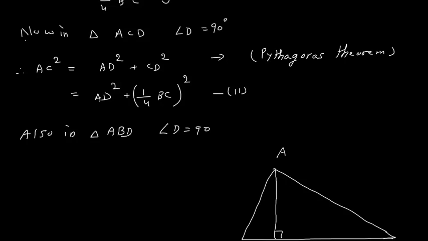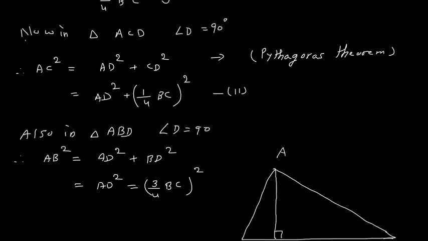Therefore AB square is equal to AD square plus BD square, and this BD I can write as 3 upon 4 BC square. Okay, this is equation 3.